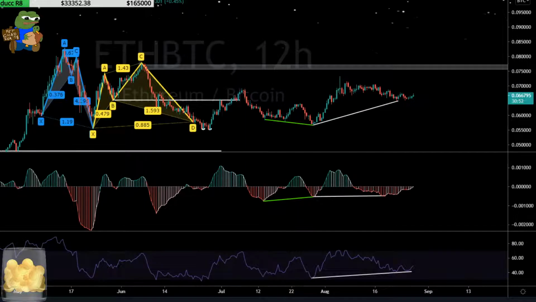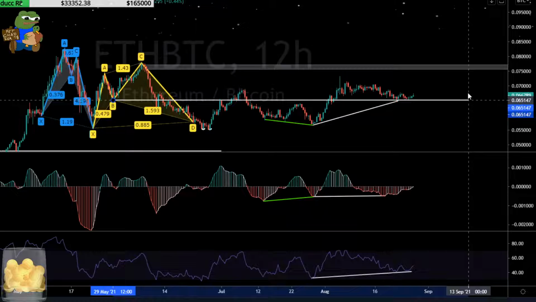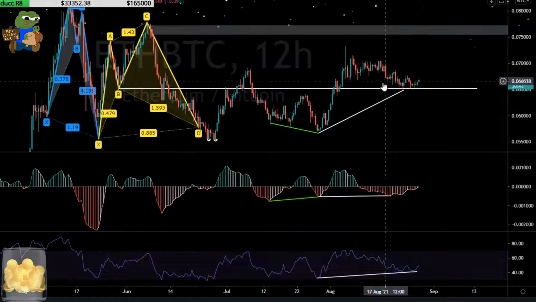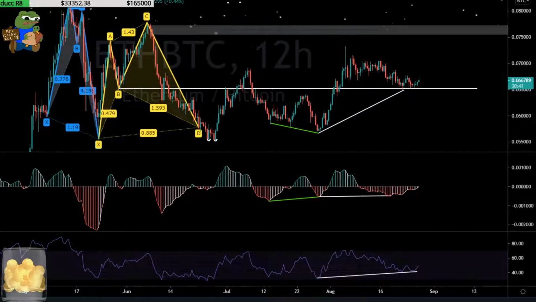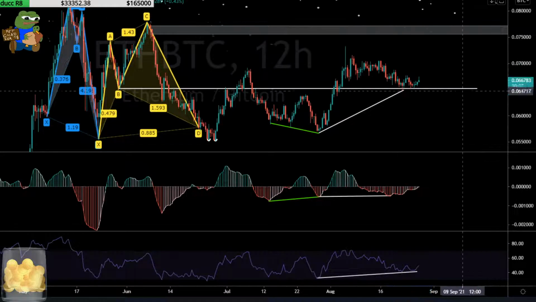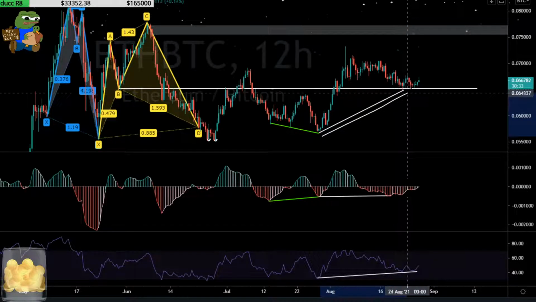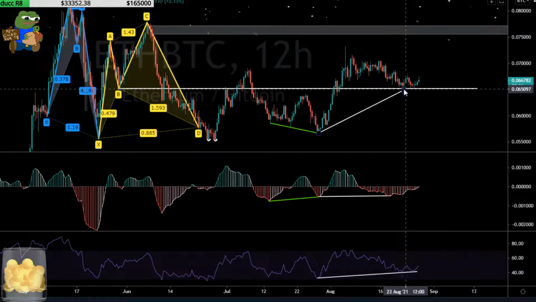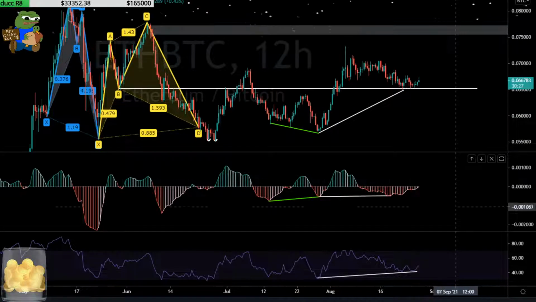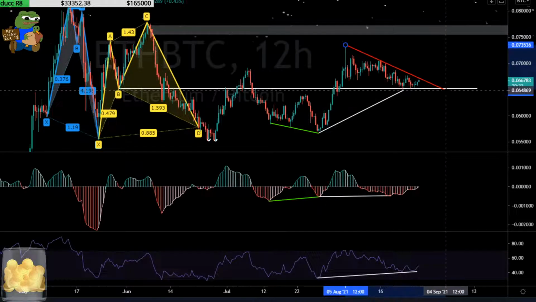If we look at that and we go ahead and extend that over, you can see that we have now found support at a critical horizontal line support resistance area, okay? Critical support resistance, and we're showing bullish convergence at a critical level, right? So important. Here's where we will see that breakout.